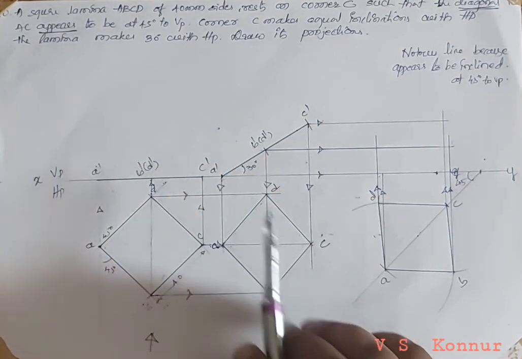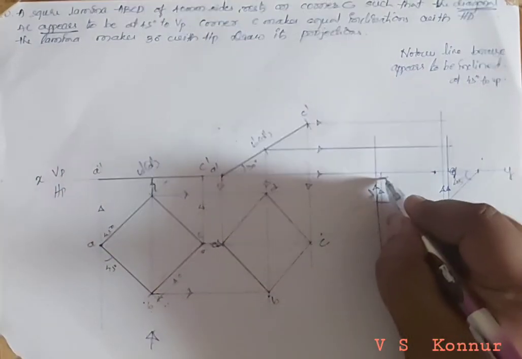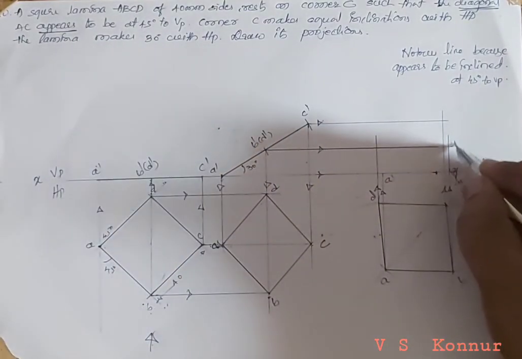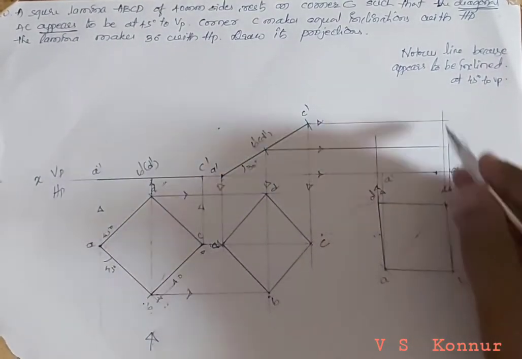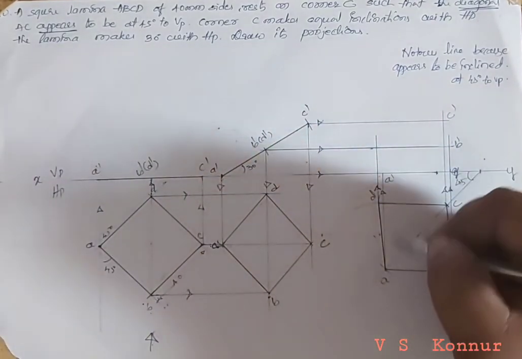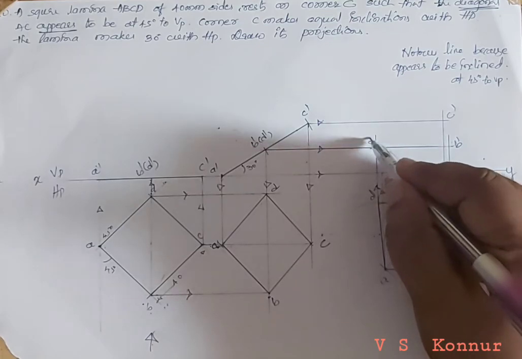So A from this point, both are intersecting here. B point from here, both are intersecting here. Then C from here, it is intersecting. D from this point, D dash.